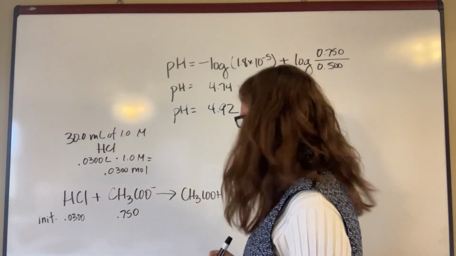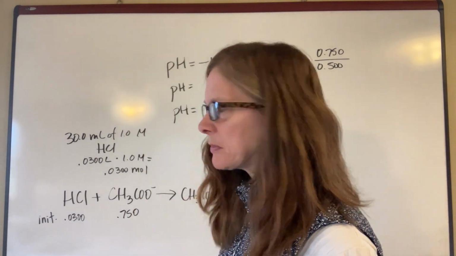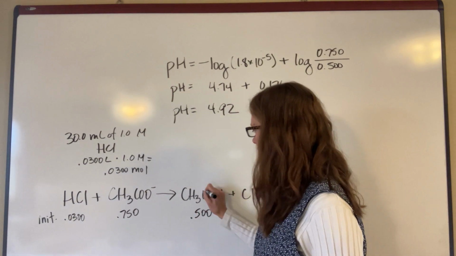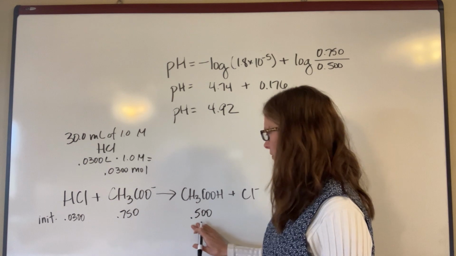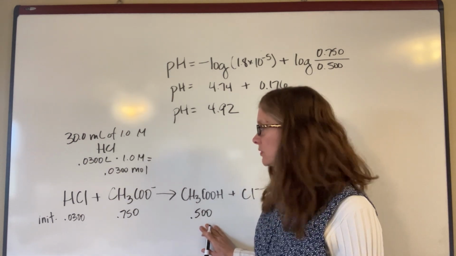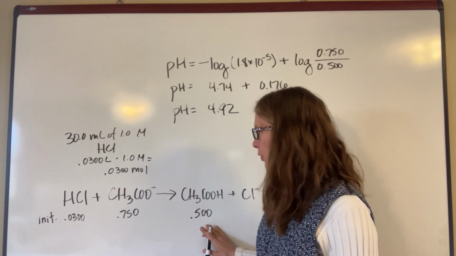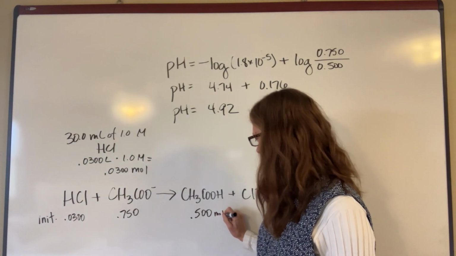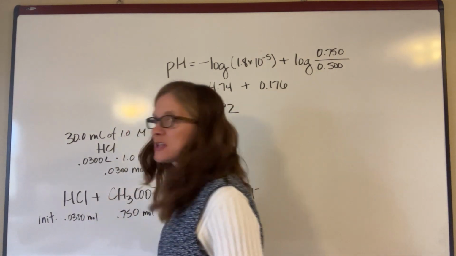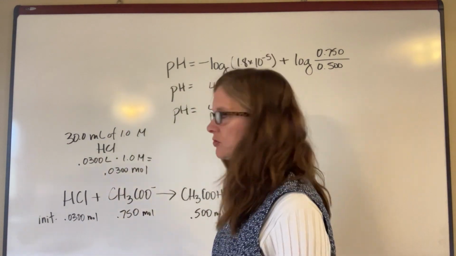Initially, I also am going to have 0.500 moles of the acetic acid, okay? Because that was the initial concentration. I had half molar and I have a liter of it. So I know that I have 0.500 moles. So I should probably put moles on all of these so I don't confuse anybody. And again, that's because I have a liter of solution that these numbers are the same.